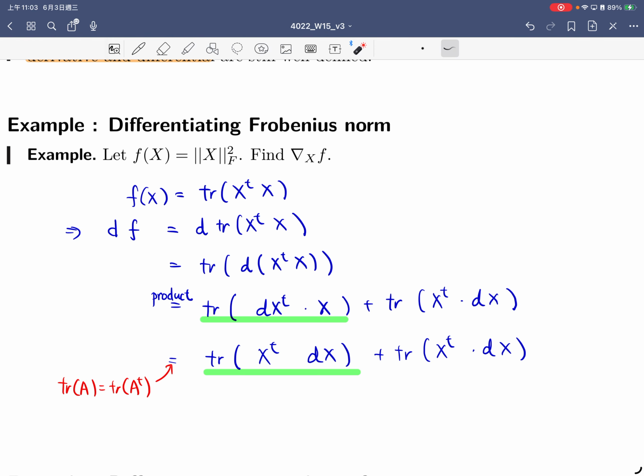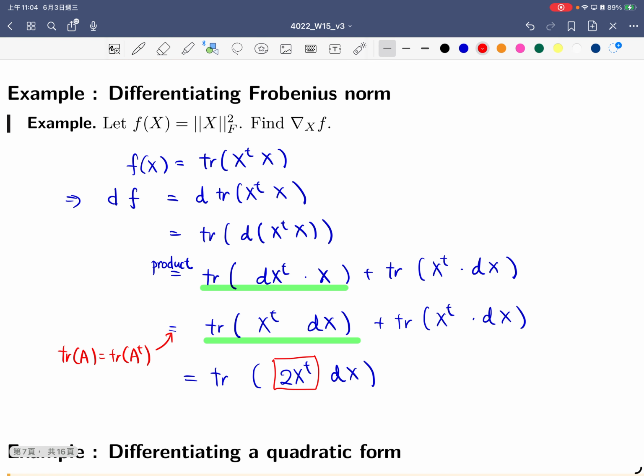Now, as I mentioned before, I'm not going to write down carefully whether it is dx transpose or dx, transpose, okay? Because they are the same anyway. So I just write dx transpose without bracket. And now you can sum them together. To obtain this, then we will arrange in the standard form. So this guy is not the gradient, but the transpose will be the gradient.